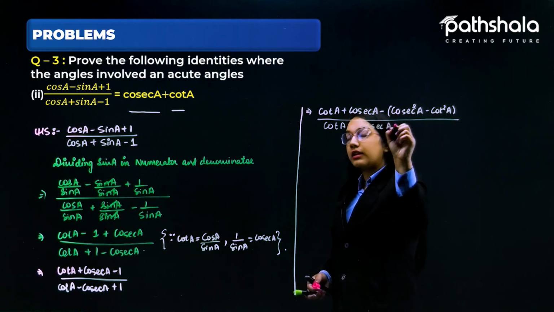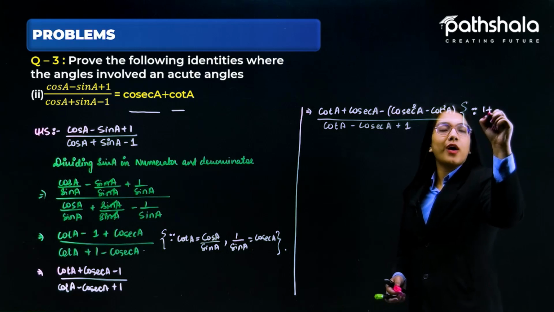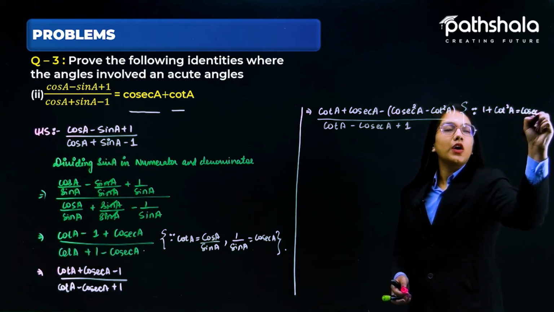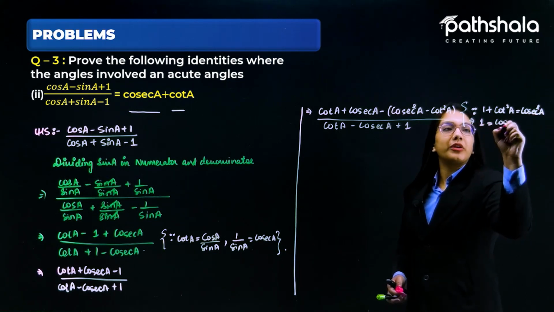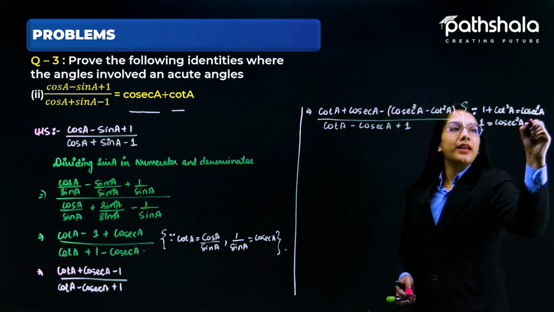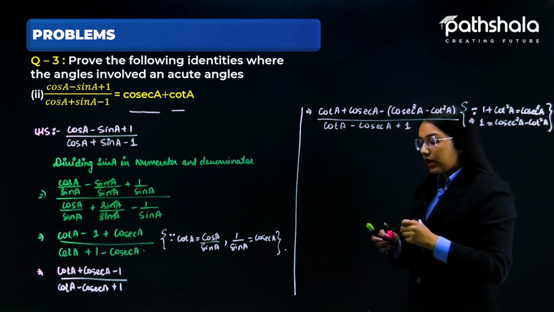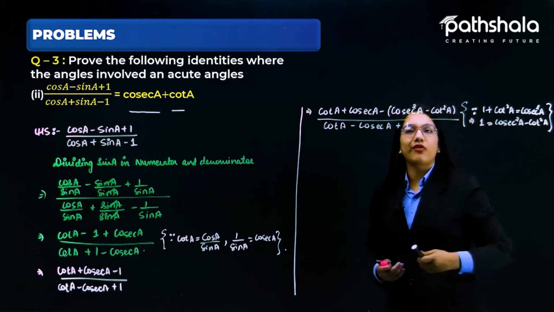Why am I writing this identity? Because we know that 1 plus cot square A is equal to cosec square A, so we can write 1 as cosec square A minus cot square A. So using this, I am writing 1 as cosec square A minus cot square A.